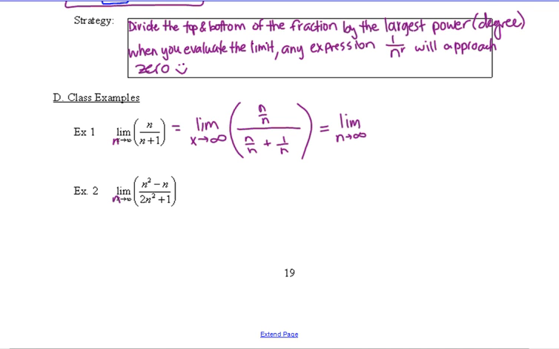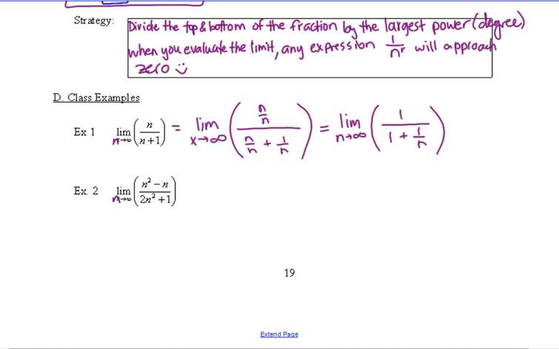Okay, let's simplify this. The numerator would become 1 over 1 plus 1 over n. So now we can actually evaluate the limit, because we can use the property that 1 over n to the power of r, some r value, in this case 1, will approach 0.